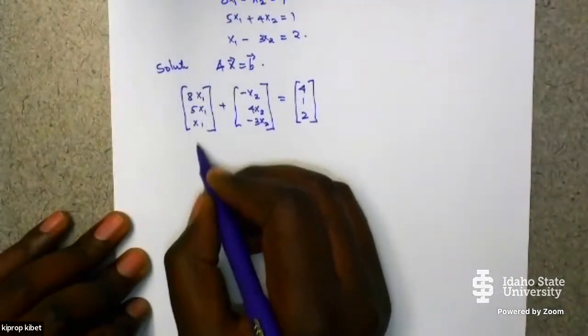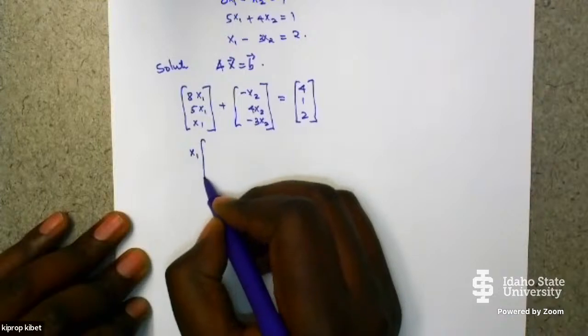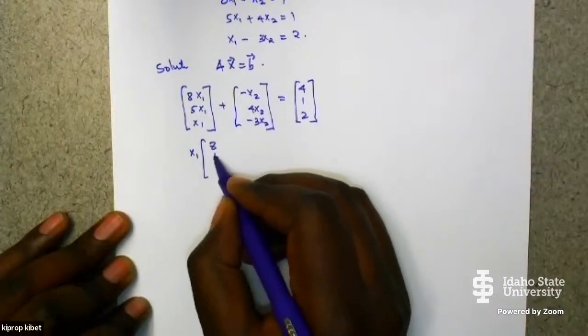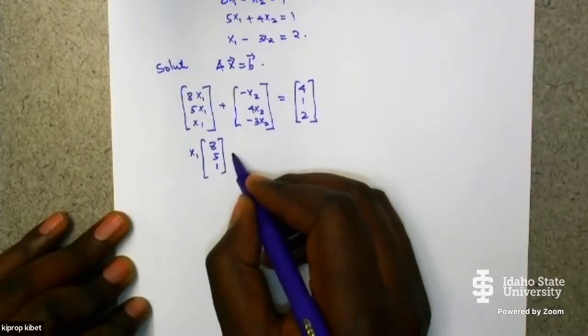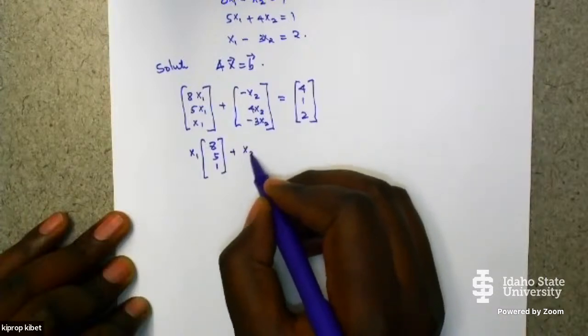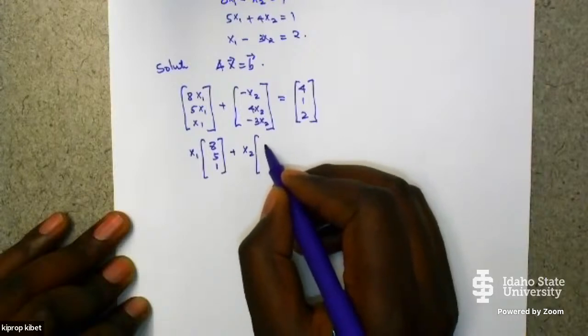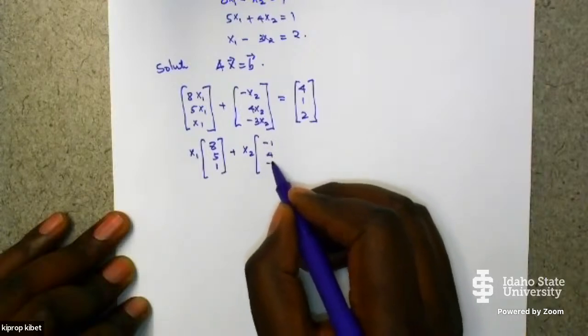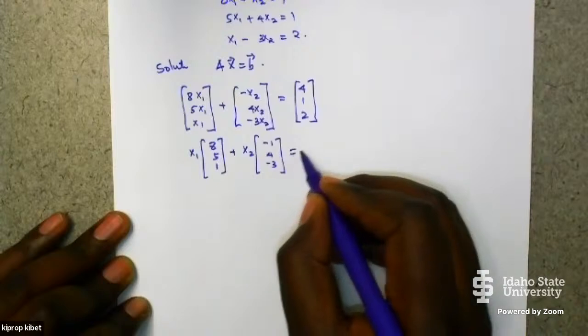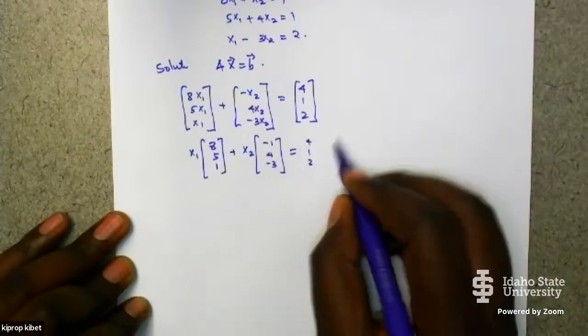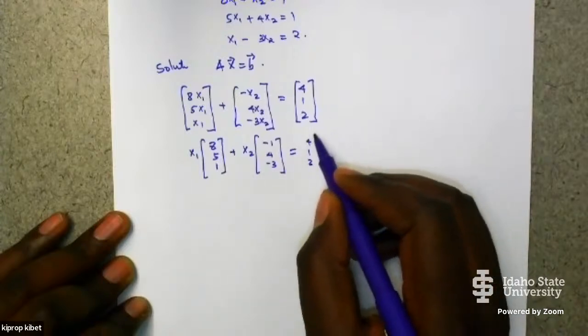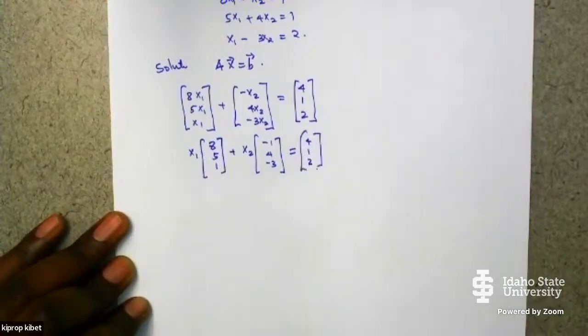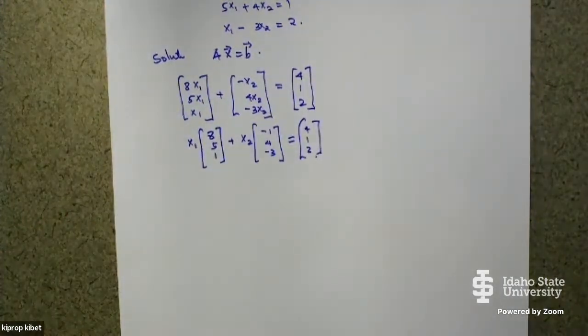In this case, x1 will now have 8, 5, and 1, plus x2 with minus 1, 4, and minus 3, equals 4, 1, and 2. So that is the equivalent vector equation.